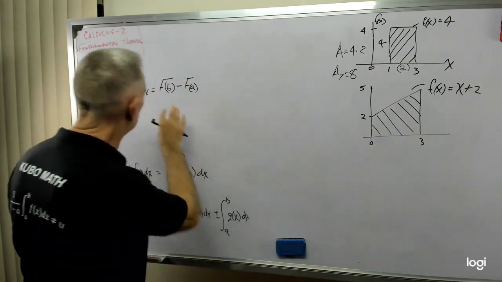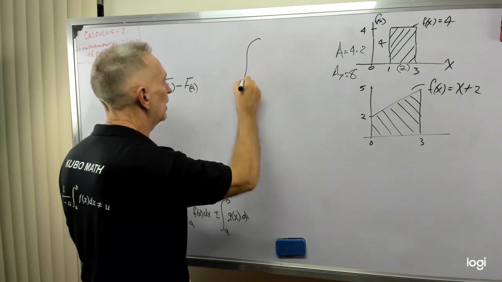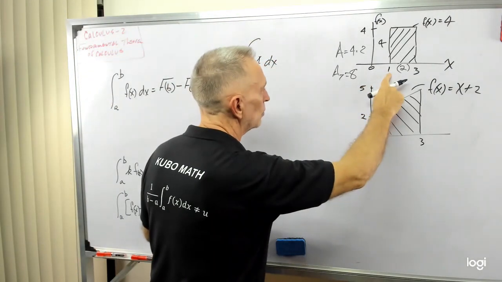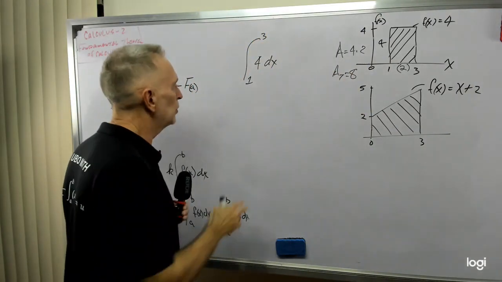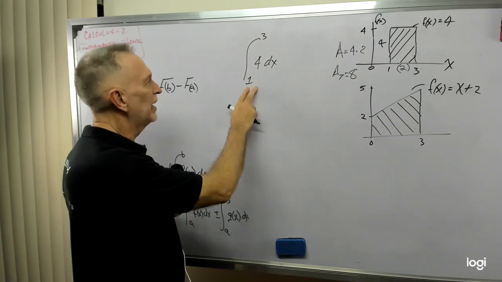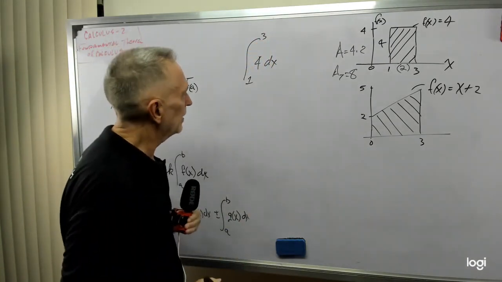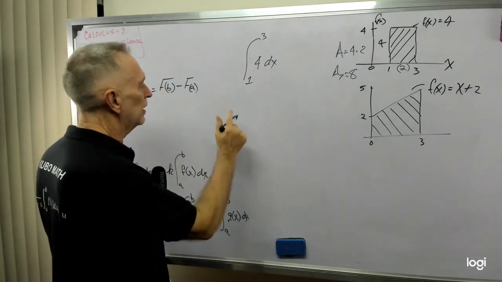Okay, I should be able to integrate that function. So we have the integral of 4 dx from x equals 1 up until 3. You always put the smaller number here and the larger number there. If you go the other way, it'll be negative. Okay, so let's integrate that.